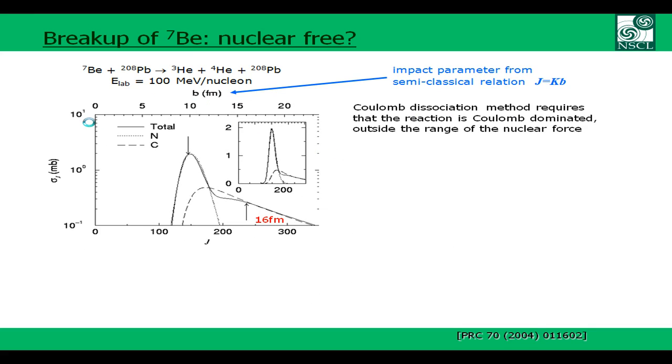Okay, then the question. In the Coulomb dissociation you want it to be nuclear free, and so you can do a similar test in this particular reaction. So if you run this for Coulomb plus nuclear and do a CDCC calculation just including the Coulomb, do you get the same answer? If you look at the dashed and the total, obviously there's a difference between those two, right?